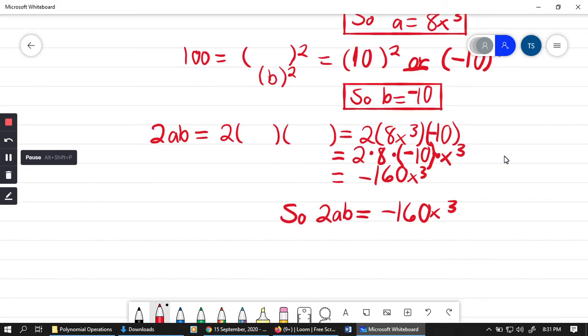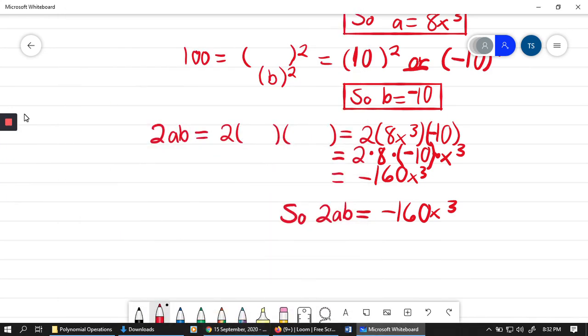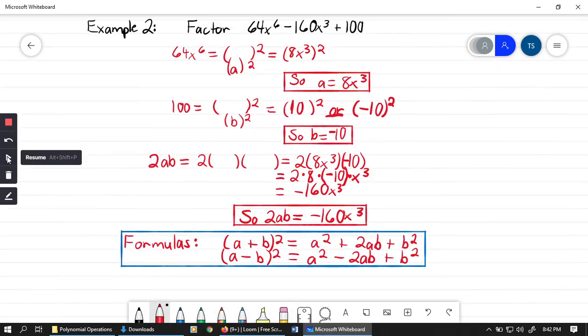So we need to use our formula. And what I neglected to mention before is that there are two versions of this formula. In our last video, part 1, I only showed you one version of the formula. I'm going to show you both versions of the formula here. Again, folks, there are two versions of this formula.